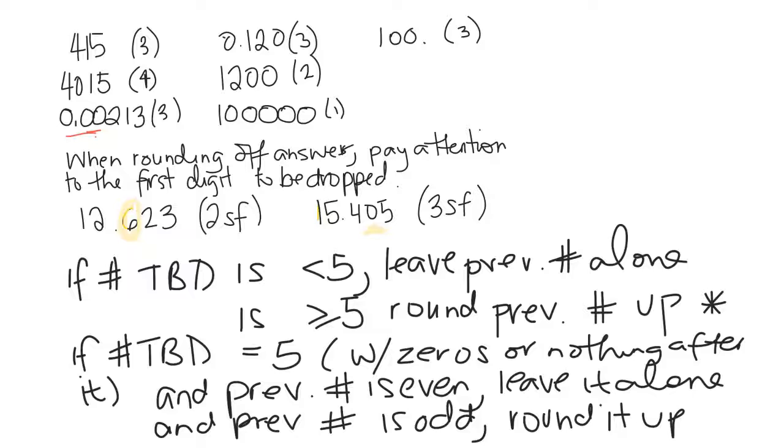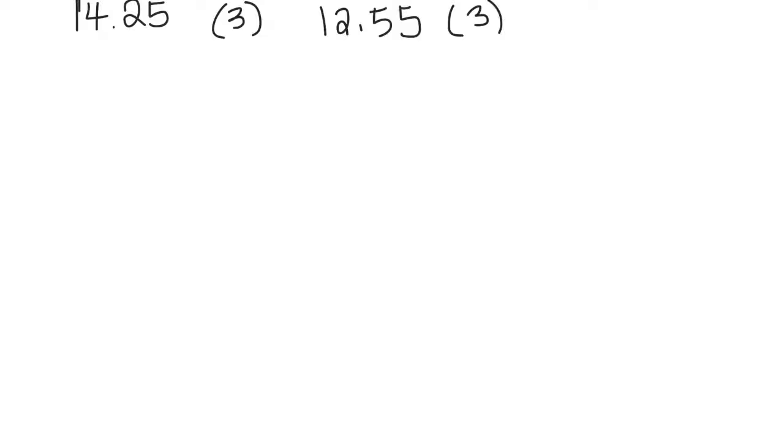So we're okay with this? You want some here. If I have 14.25 and I want you to round to 3 sig figs, what would your answer be? What would your answer be if you were rounding 12.55 to 3 significant digits?